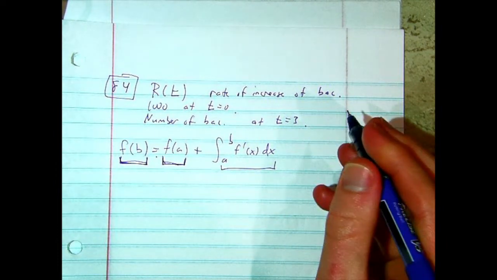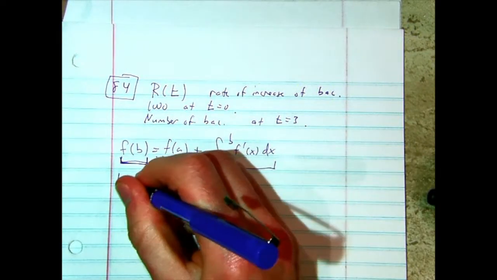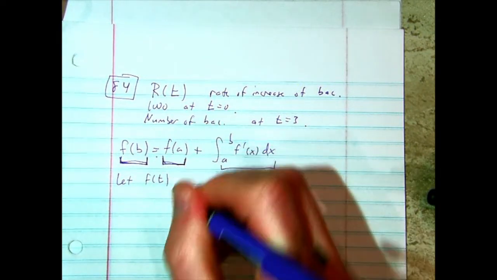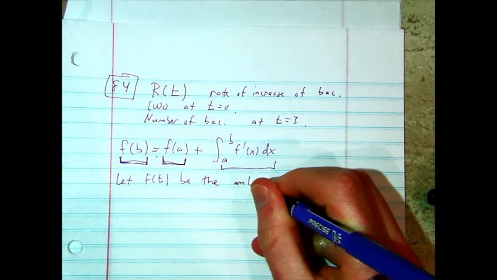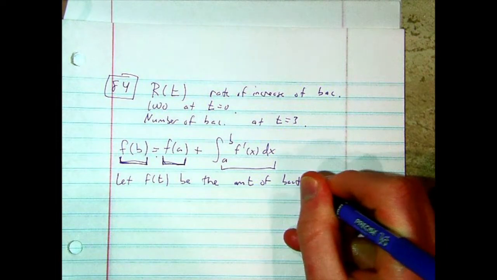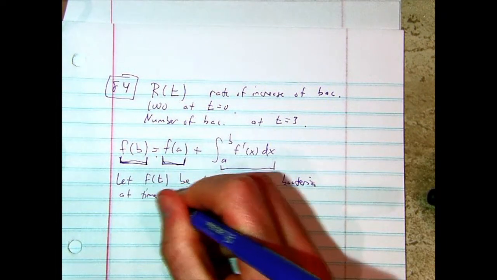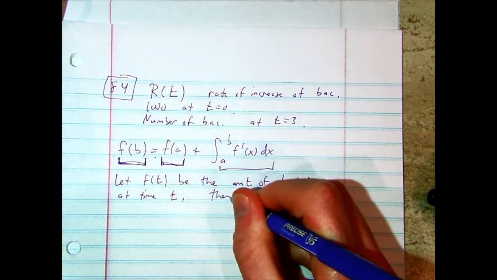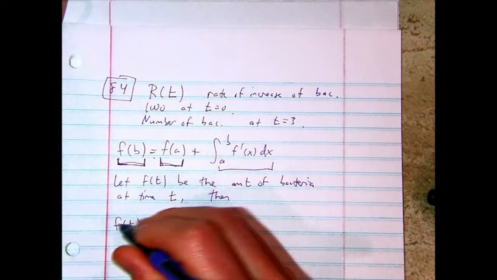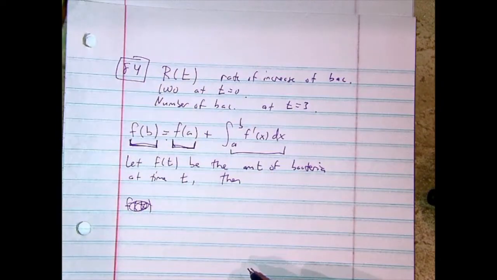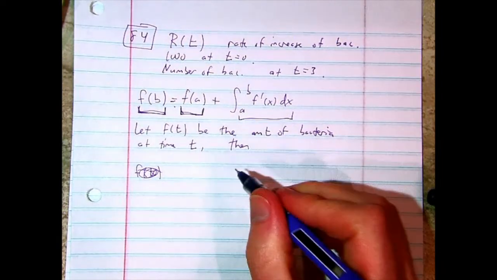So if we let f of t be the amount of bacteria, or number of bacteria, at time t, then we're interested specifically in knowing the amount of bacteria, not just at some arbitrary time t, but when t is equal to 3.